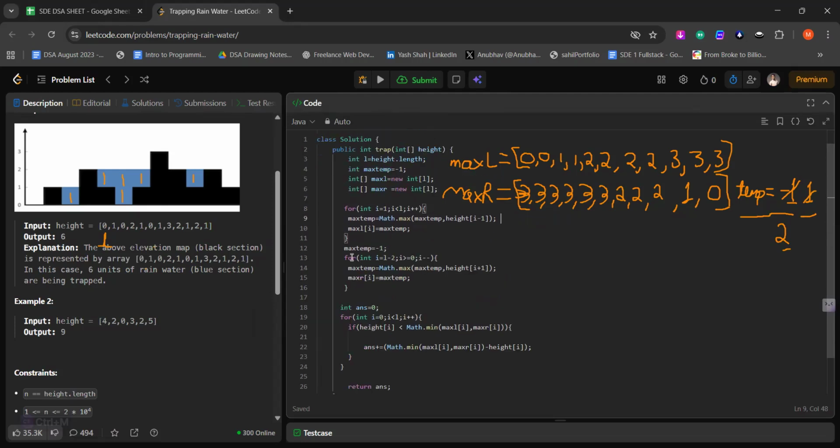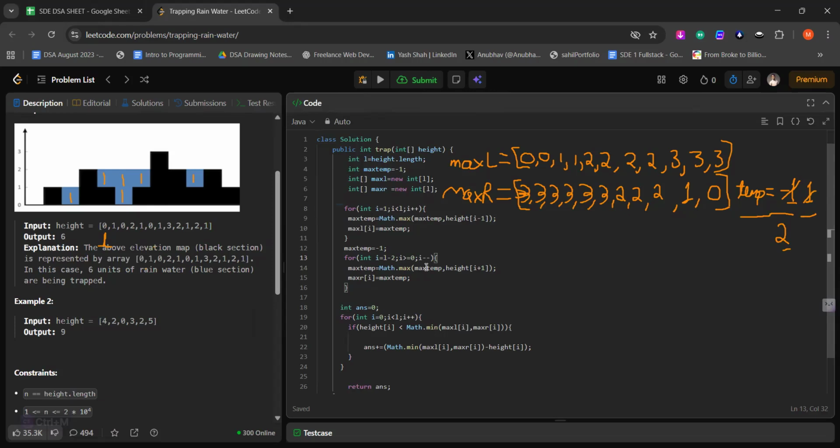Similarly, I did the similar thing for max of right. I went to the second last element, and then I compared it with the last element and the max temp. And I updated with the maximum of both of them.